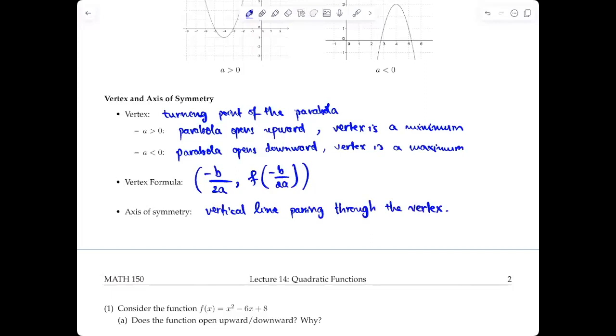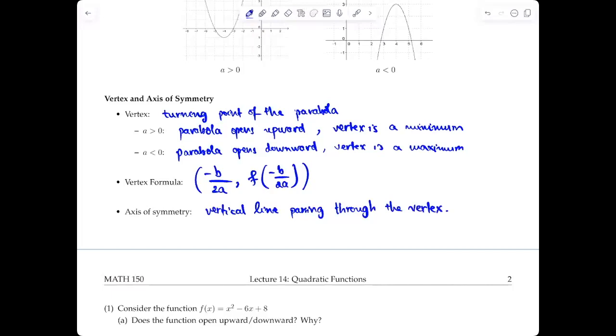Now, because this is a vertical line that is going through the vertex, when it's a vertical line, this is always going to be x equal to negative b over 2a. Does that make sense to you?